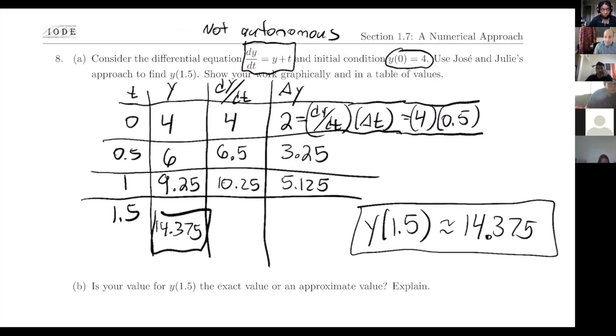But this method doesn't work for a second order differential equation, because we need to know the first derivative in order to approximate these changes. So that was a little bit quick, maybe, filling in this table. Any questions?